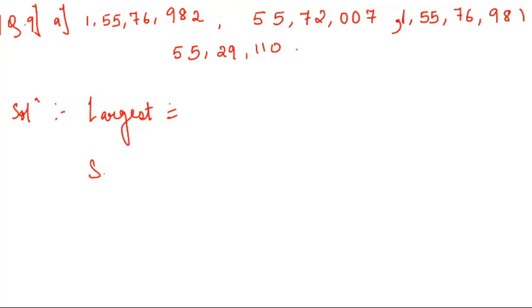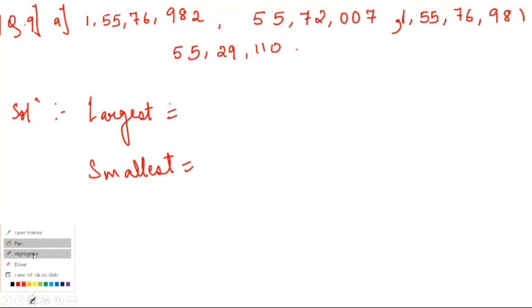Okay, so to find the largest and the smallest number, first what we will do, we will write the places. Let me change the color for writing the places. The first one is ones, tens, 100, 1000, 10,000, lakh, 10 lakh and crore.